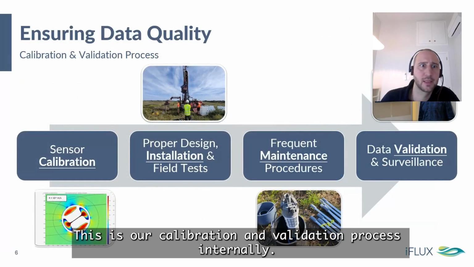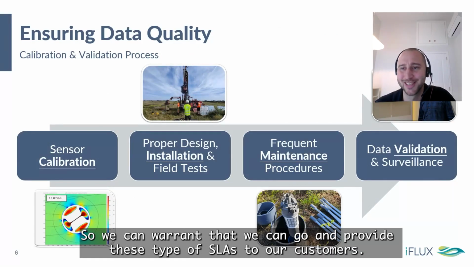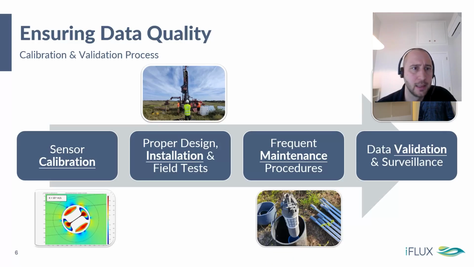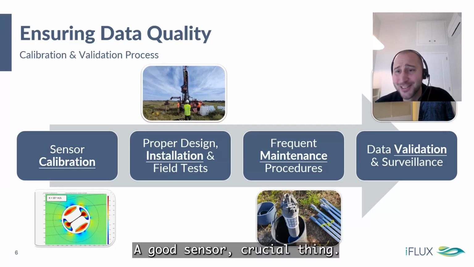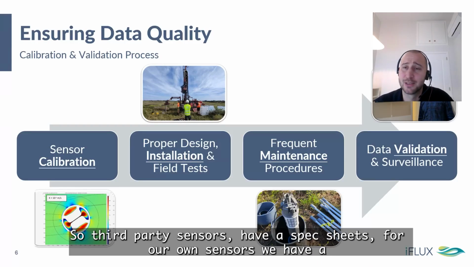This is our calibration and validation process internally, so we can warrant to our managing director that we can provide these types of SLAs to our customers. It all starts with sensor calibration. A good sensor is crucial. For third-party sensors, we have a spec sheet.